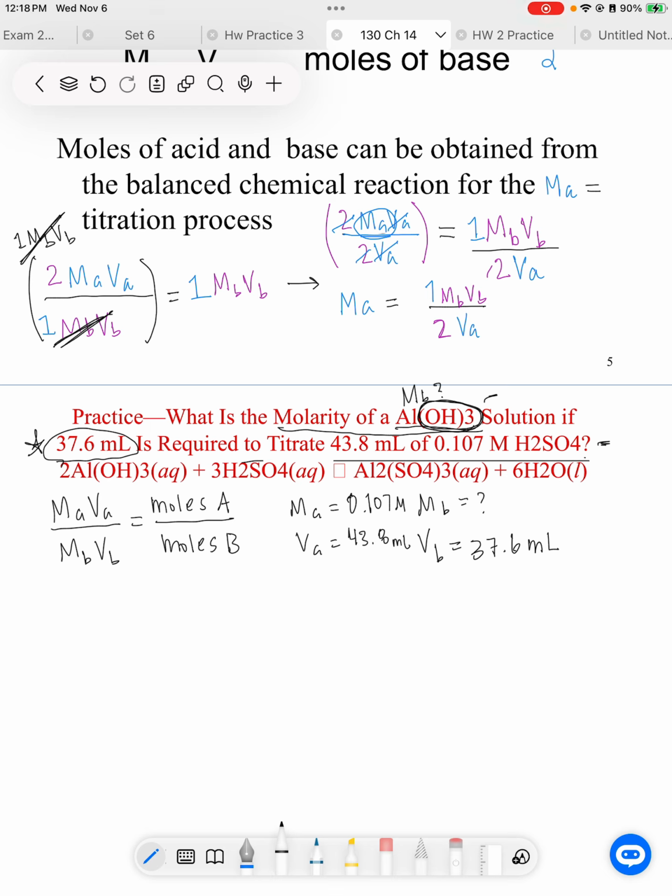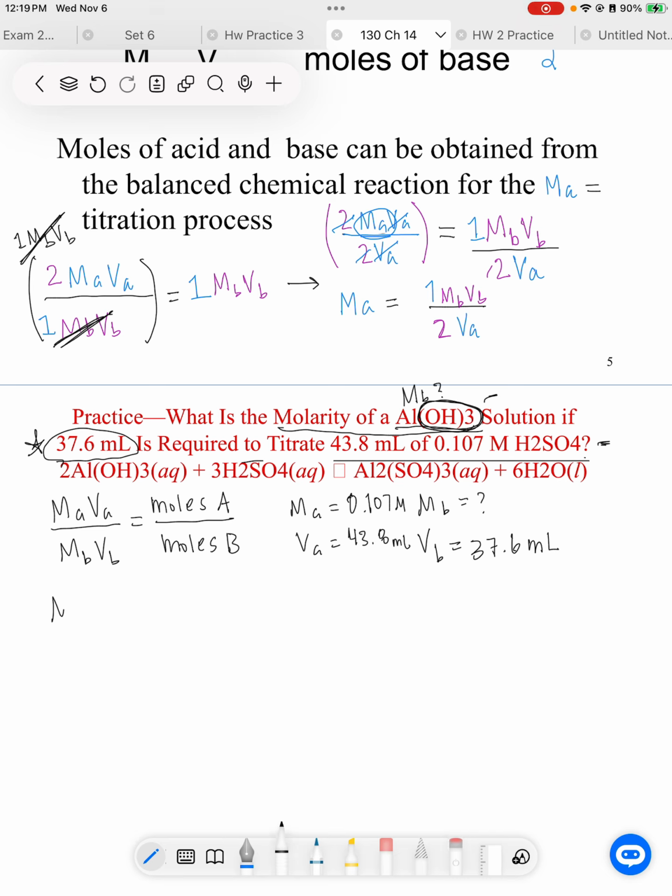We know what we're solving for. Let's go to our skeleton. And we're going to add in our moles of acid and base. Now, moles of acid and base, this part right here, you are only looking at your reactant side. So totally disregard the products. We don't care about the products. Moles of acid reactants over moles of base reactants, okay?